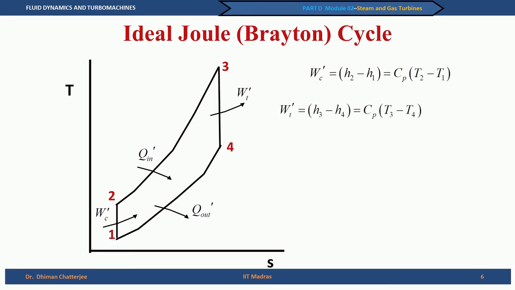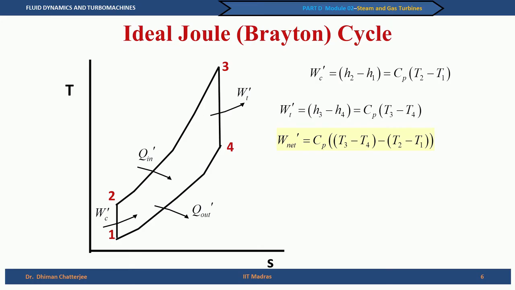The turbine work can similarly be written in terms of temperature or enthalpy as h3 minus h4 or c p times T3 minus T4, and we get the net work c p times (T3 minus T4) minus (T2 minus T1).